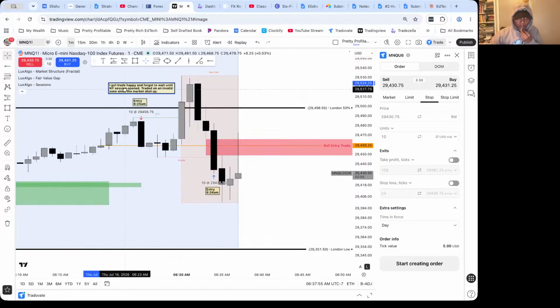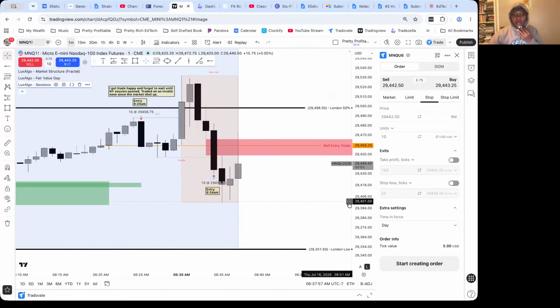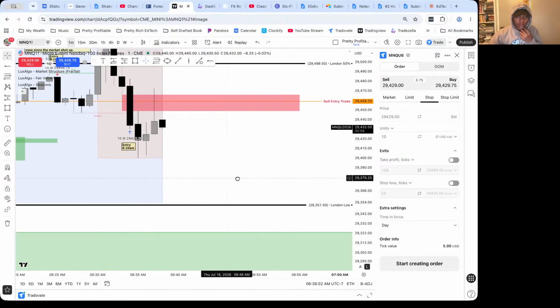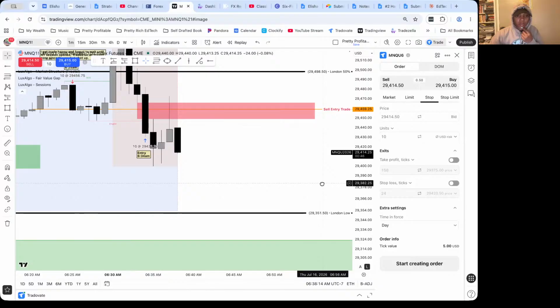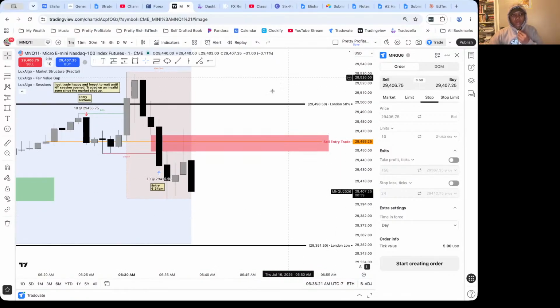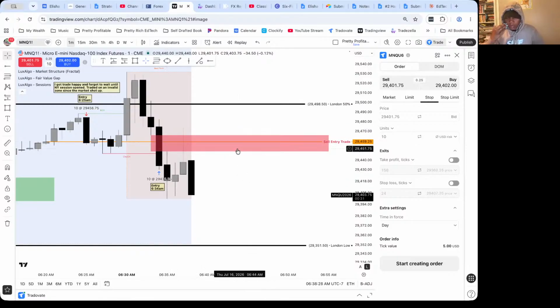Okay, so we got this long wick. I want to wait to hear back from my mentor about trading off of newly formed gaps.